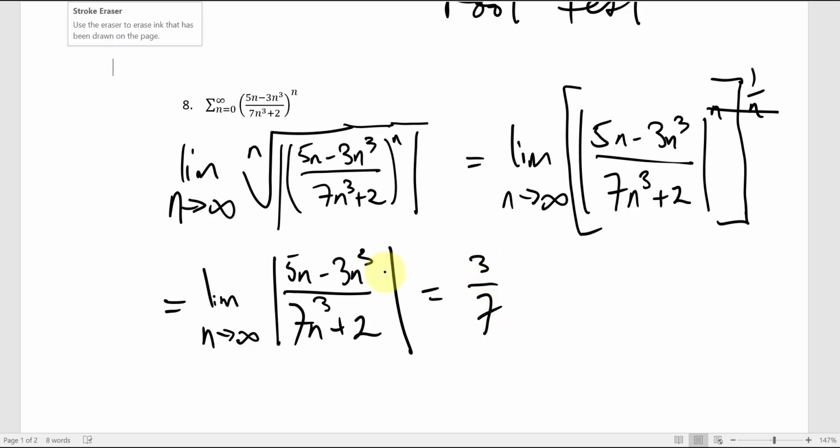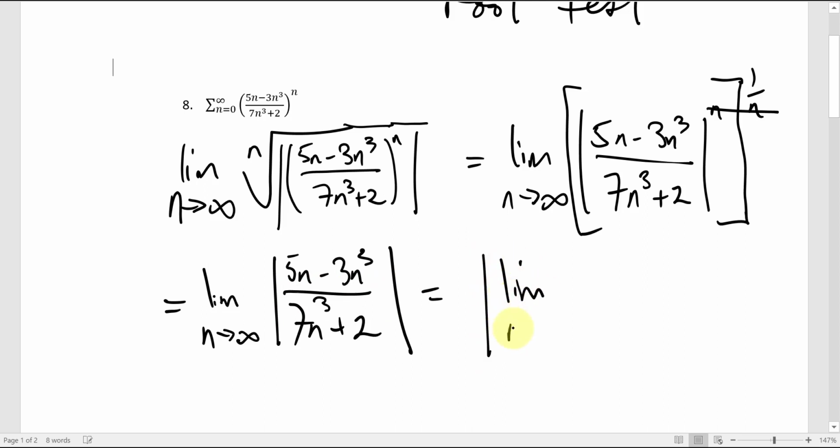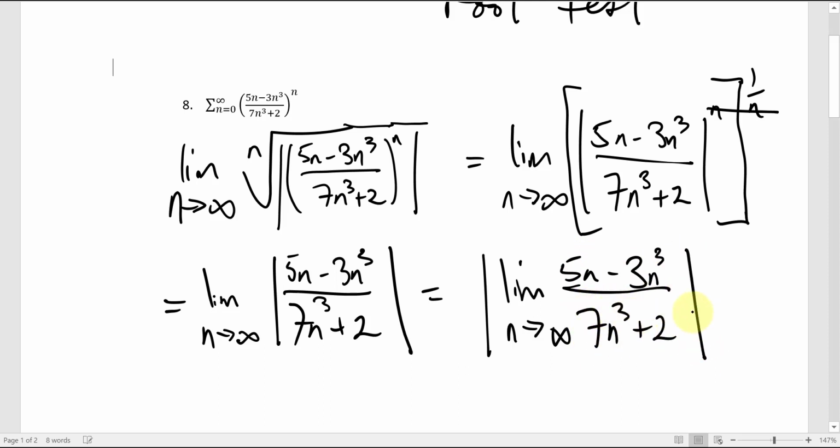Let me write one extra step here to justify that. What's really happening is the continuity of the absolute value. That means that ultimately I take the absolute value of the limit as n goes to infinity of 5n minus 3n cubed over 7n cubed plus 2.